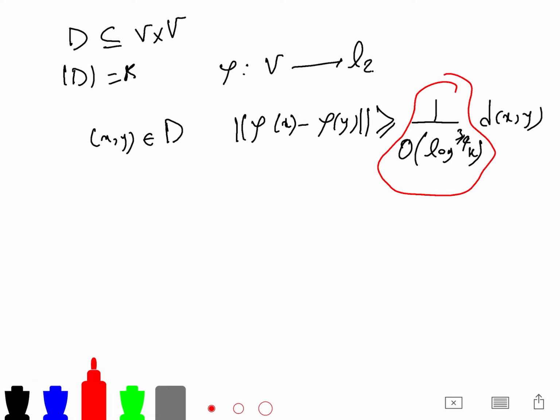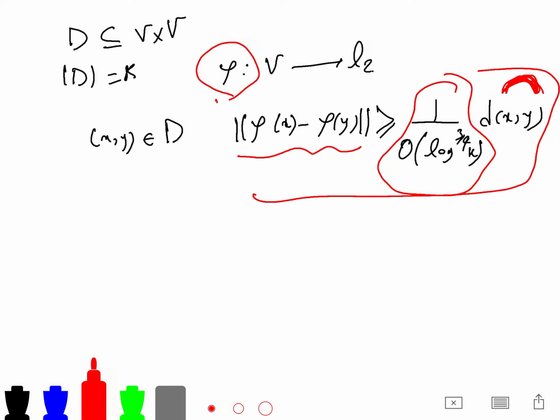This contracts the distances of your original space. So if you give a negative type metric and a set of terminal pairs to an algorithm, there is a contracting embedding phi such that this relationship holds.